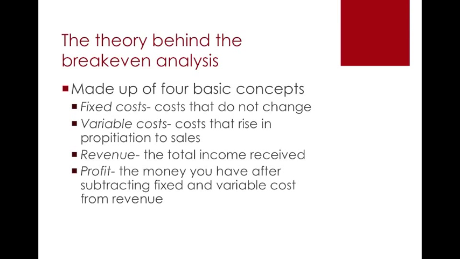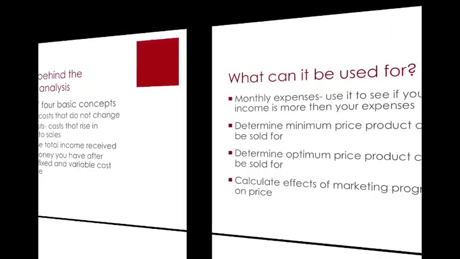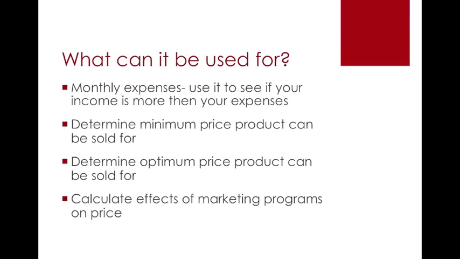So we have fixed costs, variable costs, revenue, and profit. And if we were to do some analysis on different production volumes, we could determine for different production levels what the profit levels are, and whether or not the quantity that needs to be produced to generate a profit is in fact achievable.